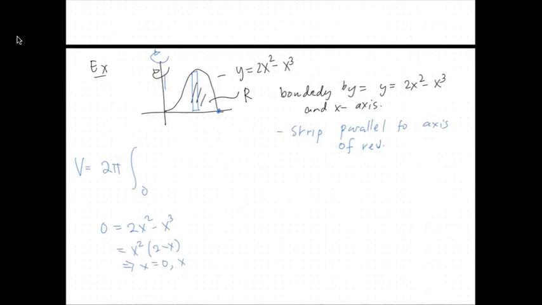So this is the intersection, 0 and 2. And then for this strip here, the radius, or the distance from the axis, is r of x. The radius is just x, and the height is 2x minus x raised to 3, dx.